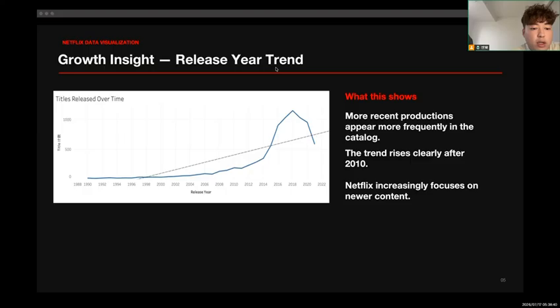This trend line also shows that Netflix has an increasing focus on recent content. Overall, this dashboard answers the first research question. Netflix experienced significant growth after 2015, and movies continue to dominate the platform.